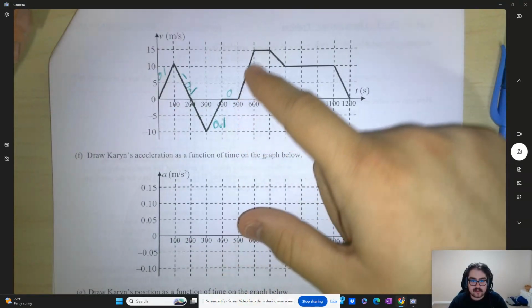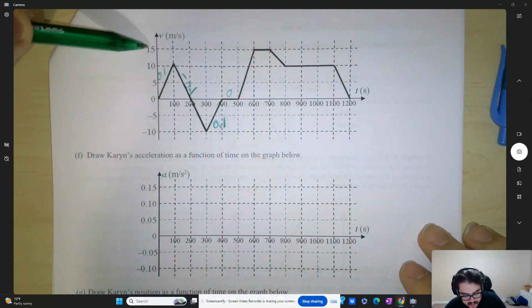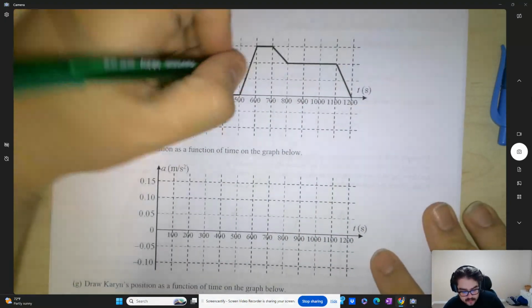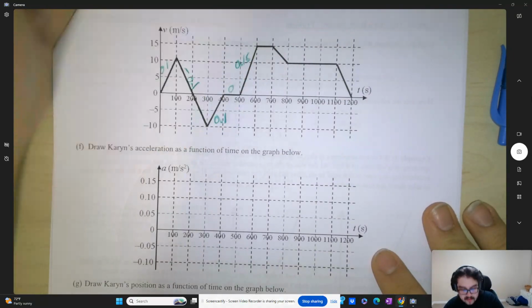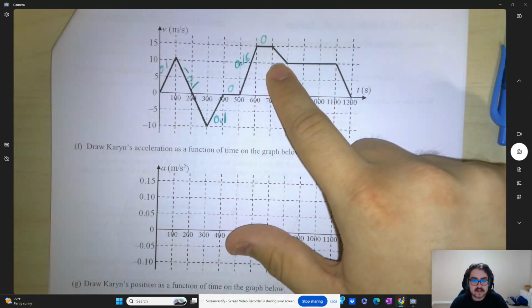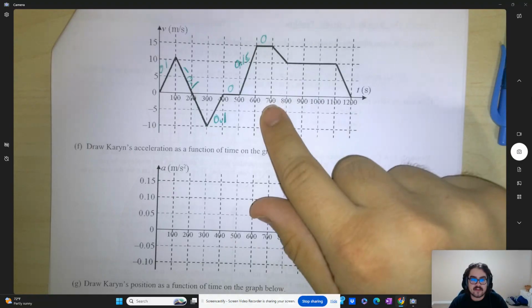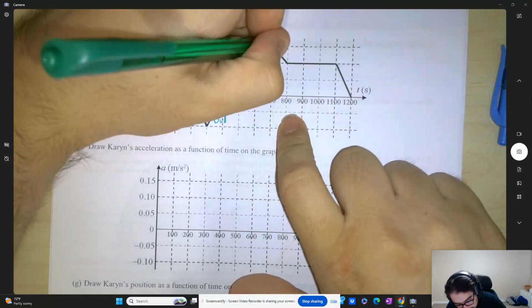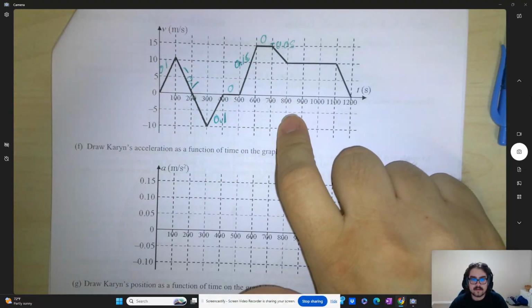This part going up has a rise of 15 and a run of 100, so that's 0.15. This has no slope right there. This part has a rise of negative 5 and a run of 100, so that would be 0.05. This should be negative as well.